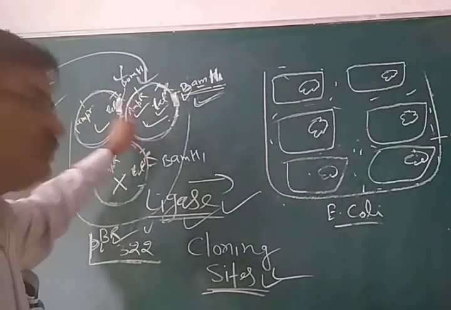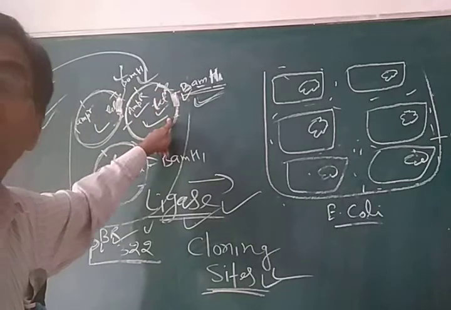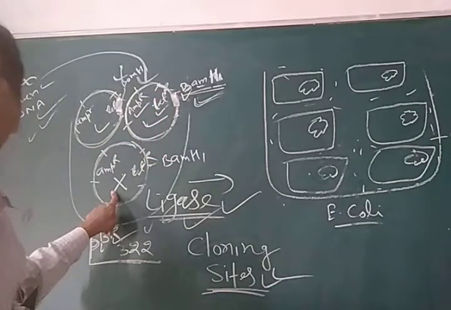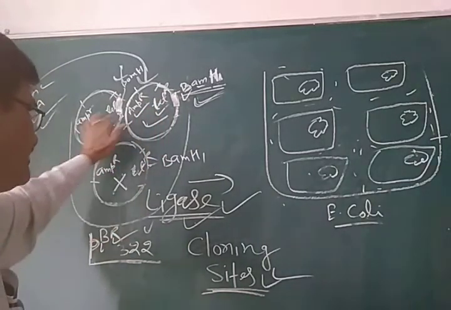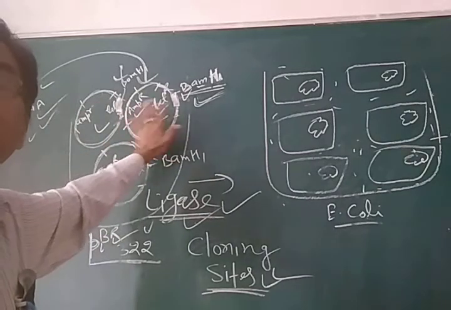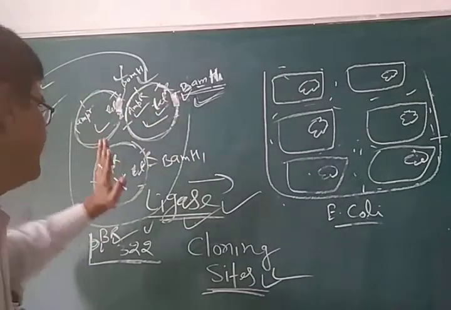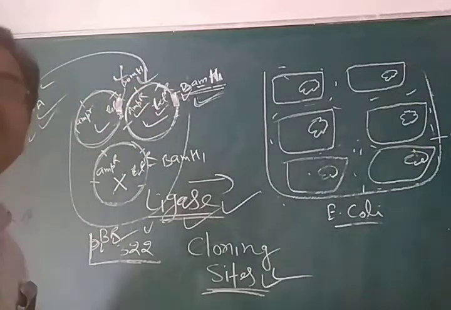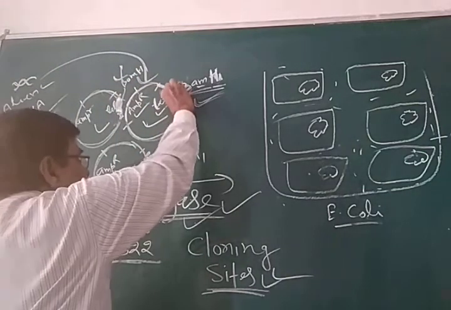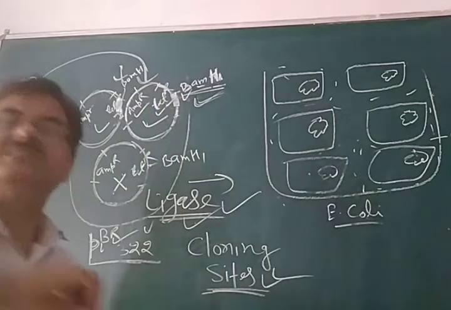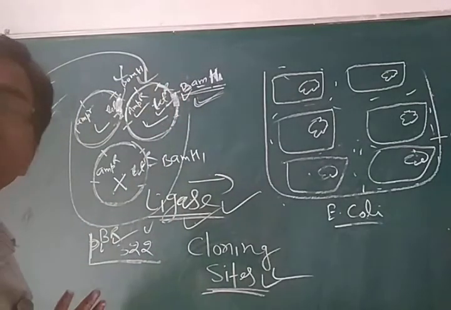These are called recombinant DNA, but this one is still non-recombinant. Now we can say that these are the recombinant DNA, because this alien piece of DNA had been joined at this tetracycline resistance gene. This is the site for BamHI.